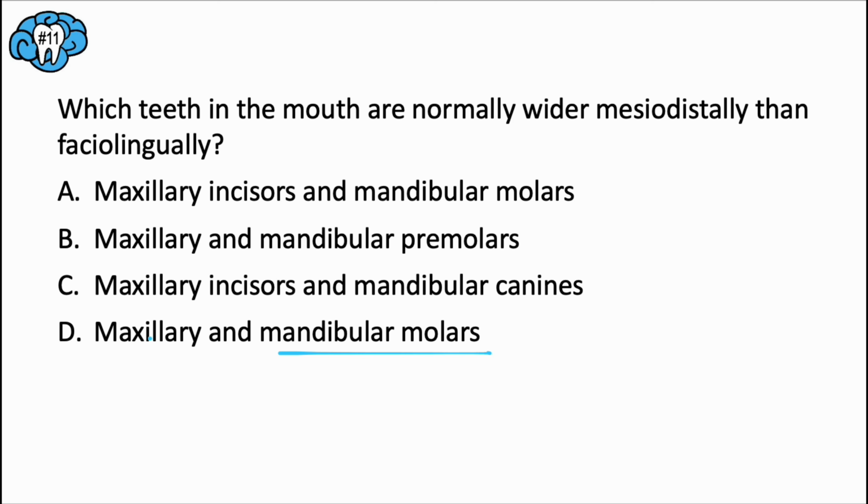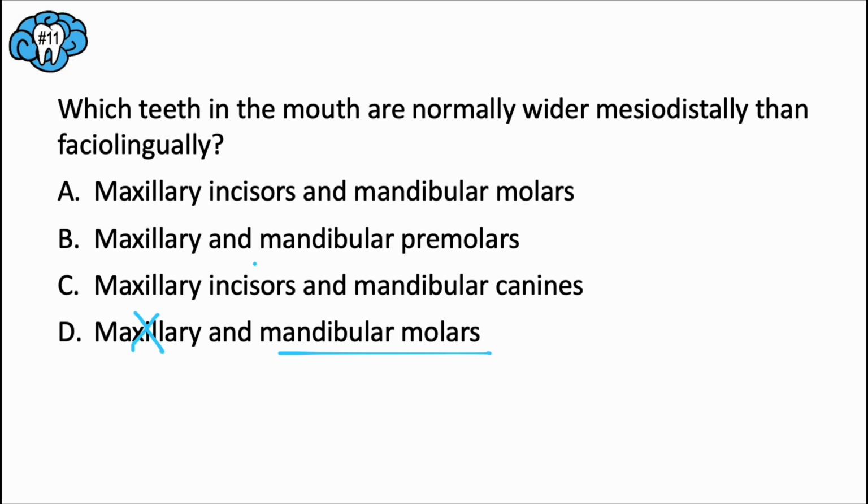Maxillary molars, though, are a different story. So they're wider facial-lingually than mesiodistally. They're kind of like a stretched out rhombus from the occlusal view, so we can eliminate D from the answer choices. Now for maxillary incisors, their incisocervical dimension is their largest dimension, but we don't care about how tall these teeth are for this particular question.